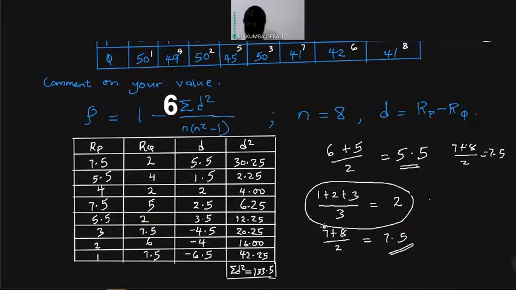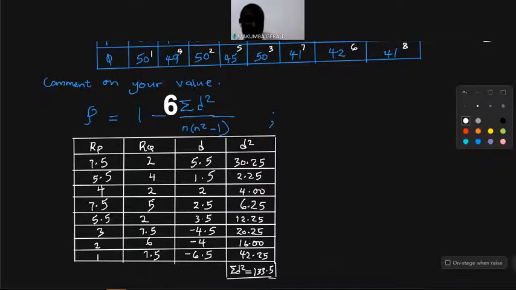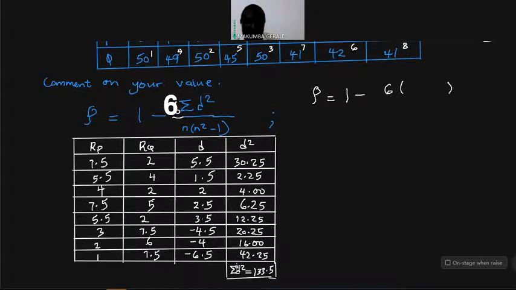Now that we are done with the table, we are going to substitute in the formula to calculate the value of the rank correlation coefficient. So this is going to be 1 minus, following the formula, 6 into the summation of d squared, which is here 133.5, divided by, we have 8 pairs.